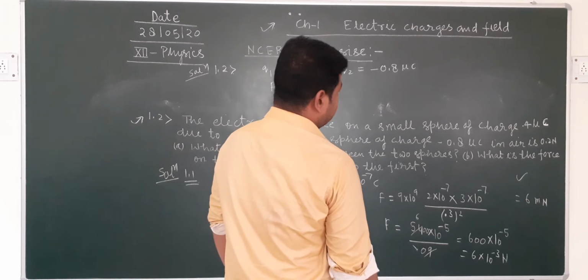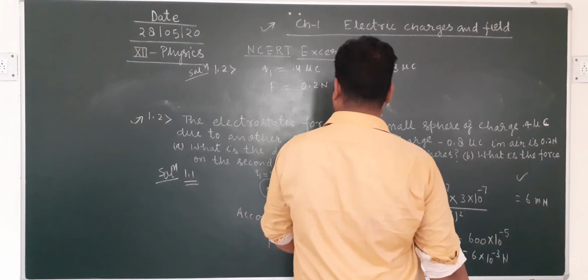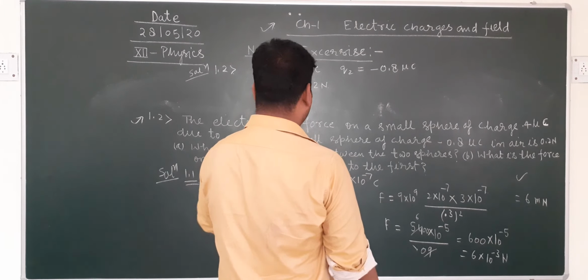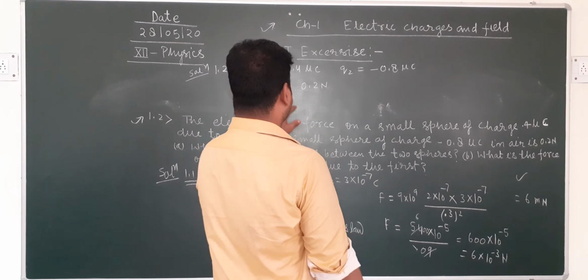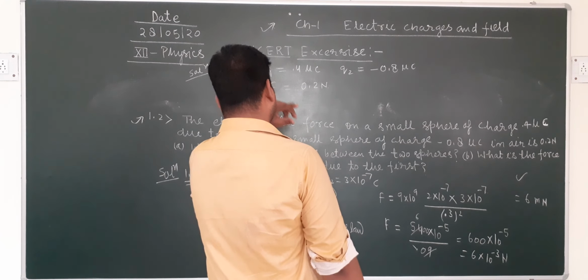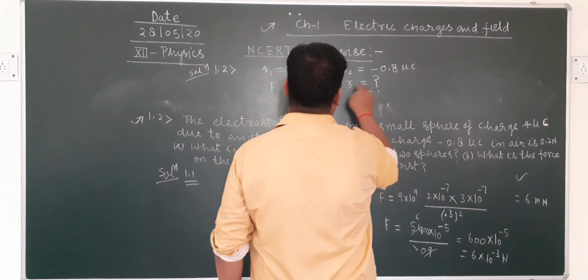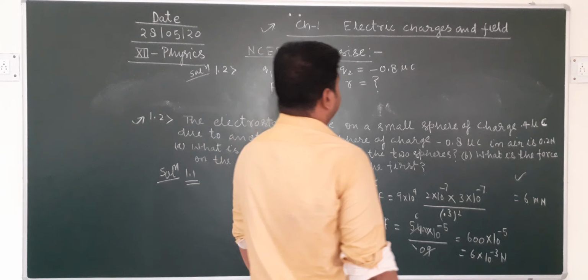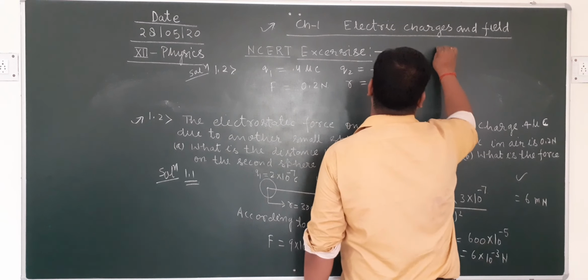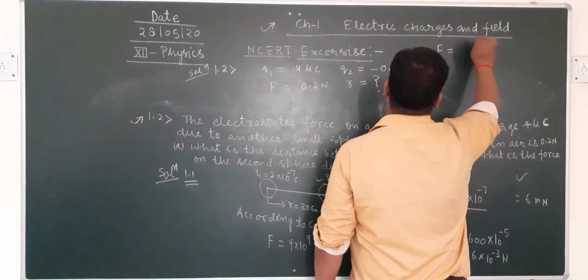Clear? And here the distance we have to calculate with the help of the given values. So first of all, we calculate the distance between the charges. So here we write the formula of Coulomb's law.